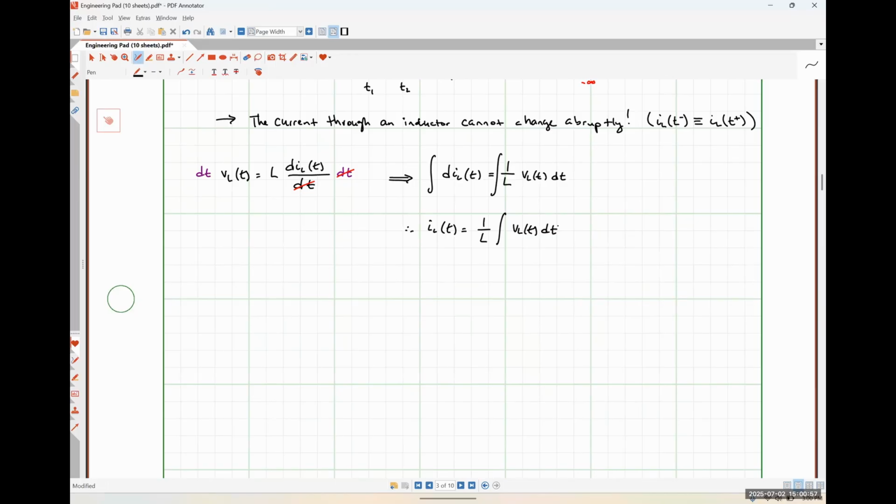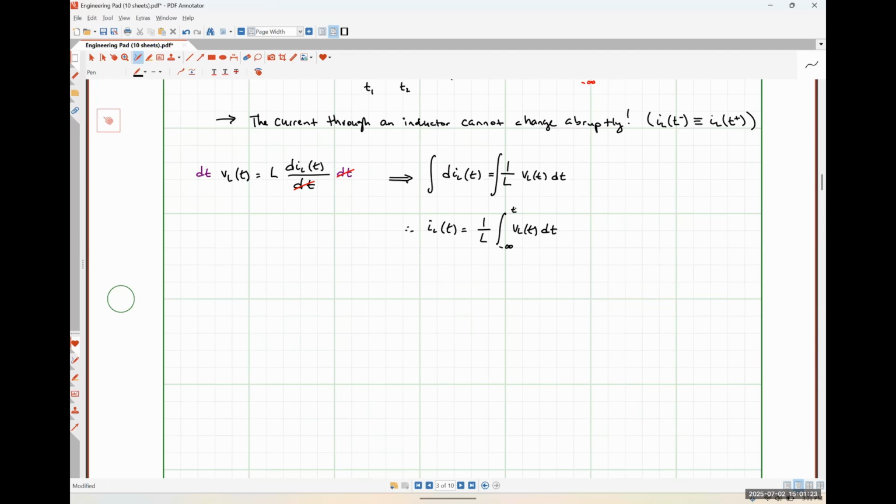Now I'm going to throw some limits on this integration. I'm going to start my integral at t equals negative infinity, the beginning of time or whenever the inductor was first created, whatever we want to call it. And I'm going to integrate up to some point in time t that I am interested in.